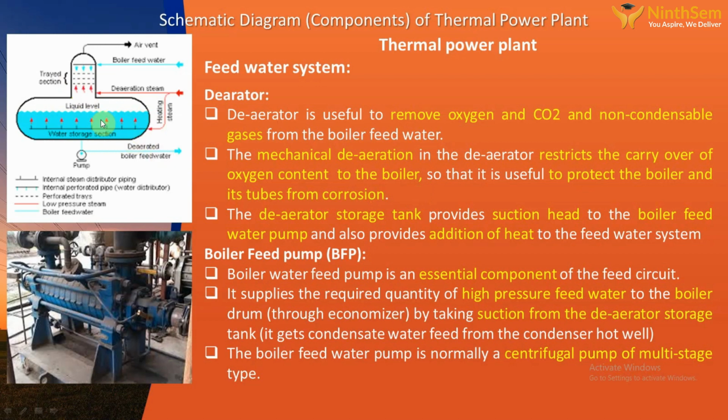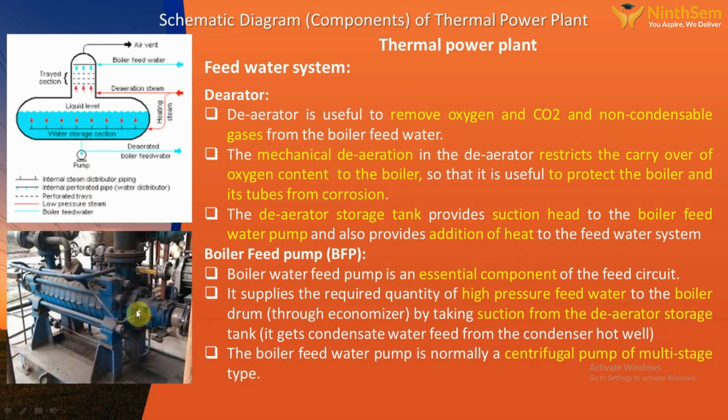Once the deaerated water, meaning clean oxygen-free water, is collected in the deaerator storage tank, this water is taken to the suction of the boiler feed pump. The boiler feed pump pumps water at high pressure to the boiler through the economizer. What is the boiler feed pump? It is an essential component of the feed circuit.